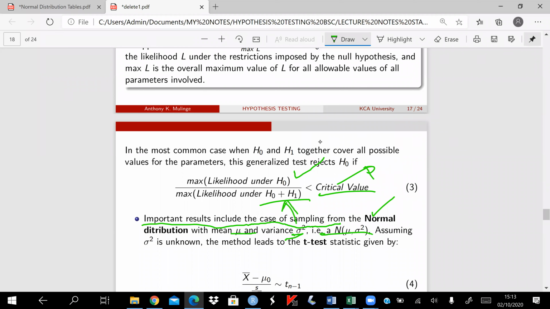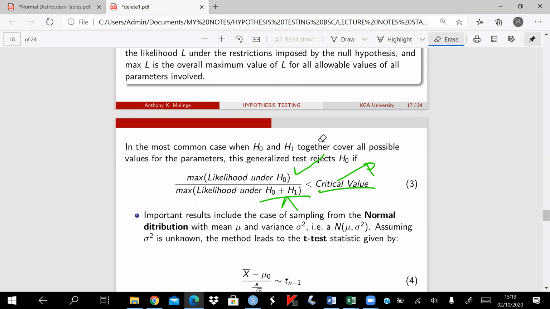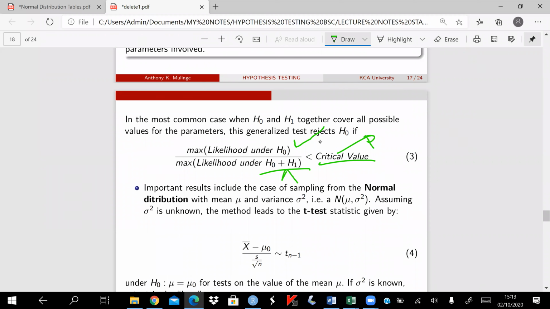So that's the situation where we are going to have very nice results under the likelihood ratio test, okay? Because when sigma squared, the variance, is not known, the most powerful test that we're talking about now is called the t-test. It's defined by this, where of course x bar is the sample mean.